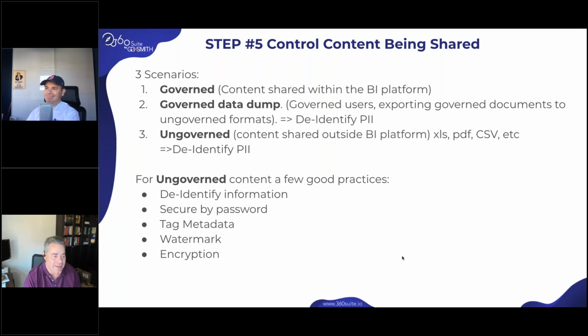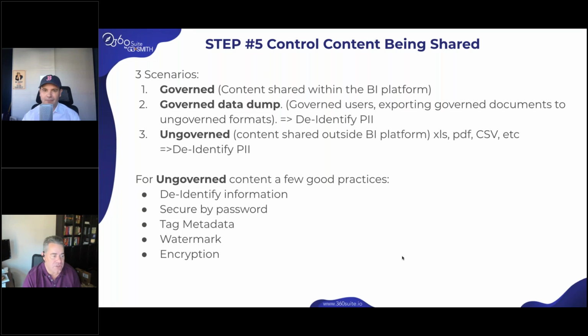I always love that, where we're starting to push data out, whether it's Excel files, or exporting that data from that system. And then the third one is that sort of ungoverned area, right, where that data has been pushed out to a spreadsheet or a PDF or a CSV file.